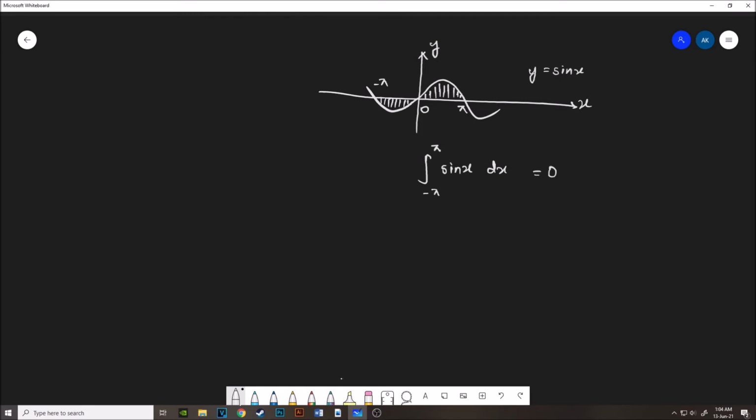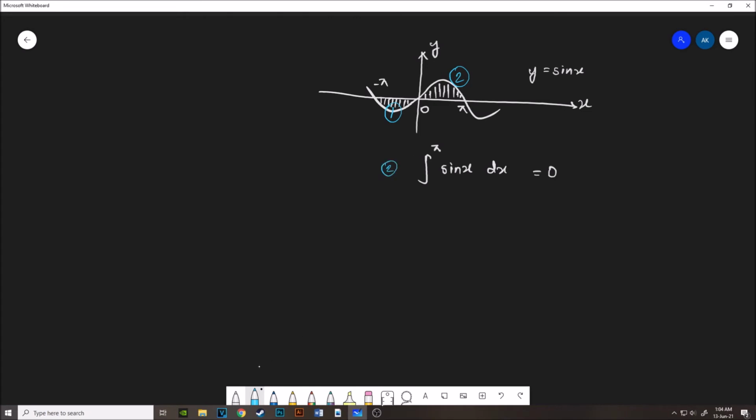Instead, what we want to do is calculate the area in two parts. This is one part below the x-axis, and this is the other part above the x-axis. I'm calculating the upper part first, that is part 2.